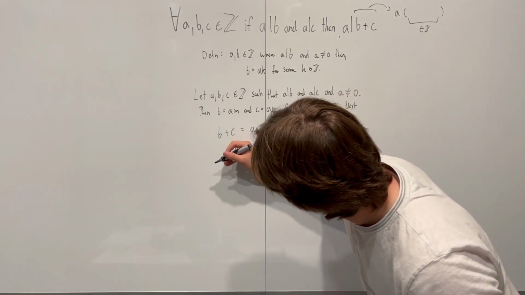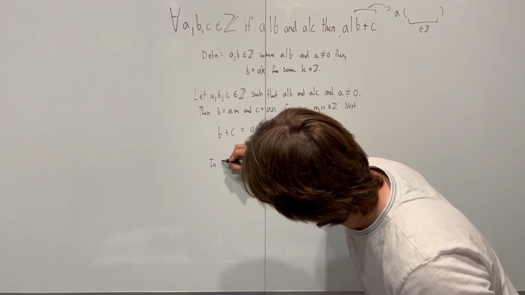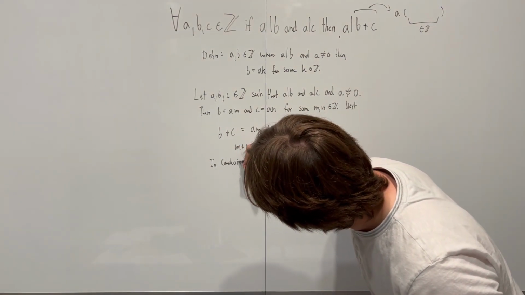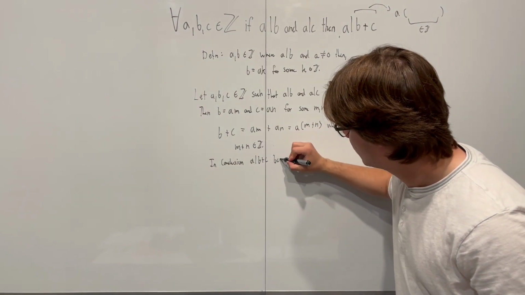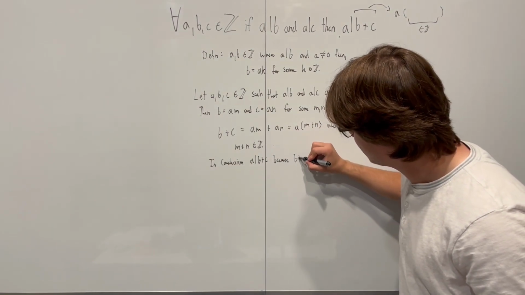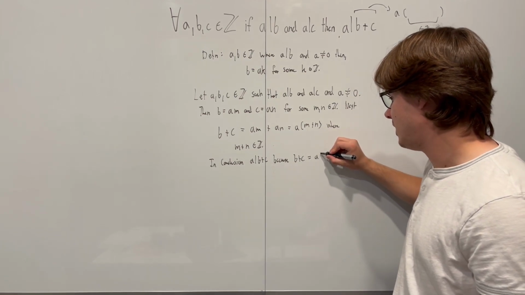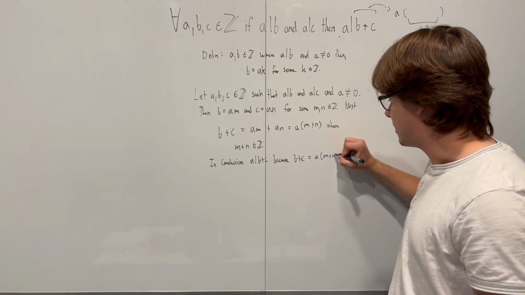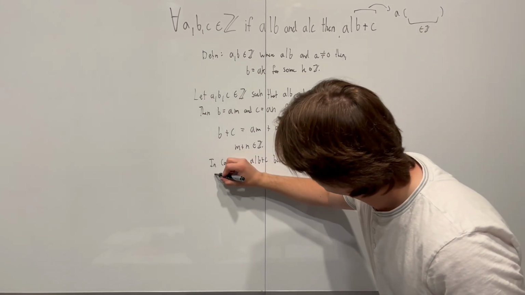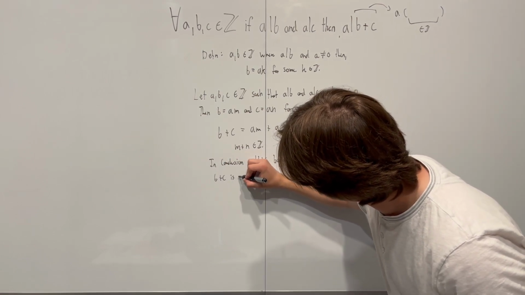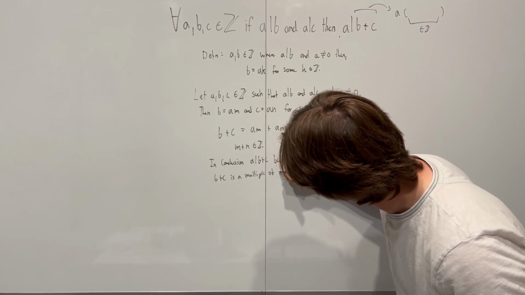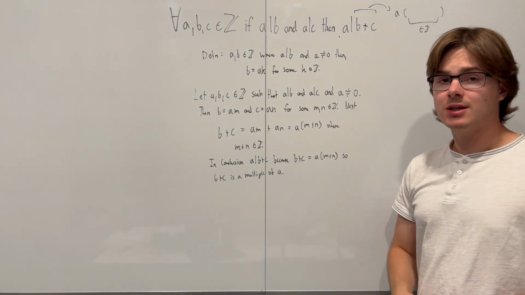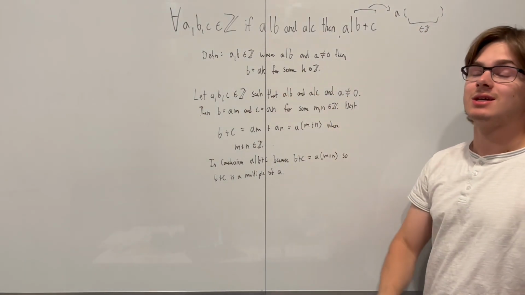So we say, in conclusion, a divides b plus c because b plus c can be written as a times (m plus n). So b plus c is a multiple of a. Fantastic. We've now proven that this statement is in fact true.